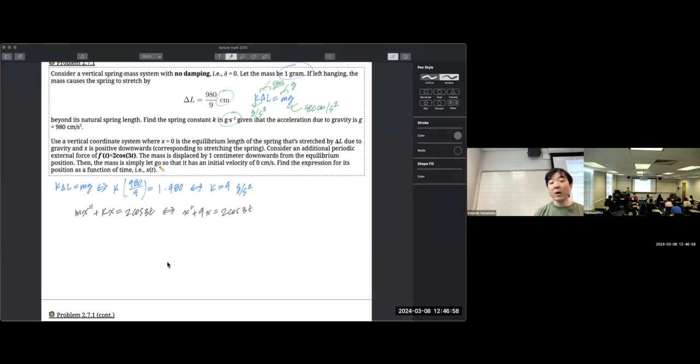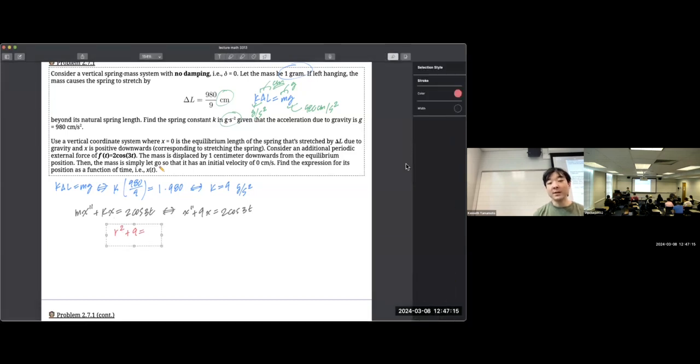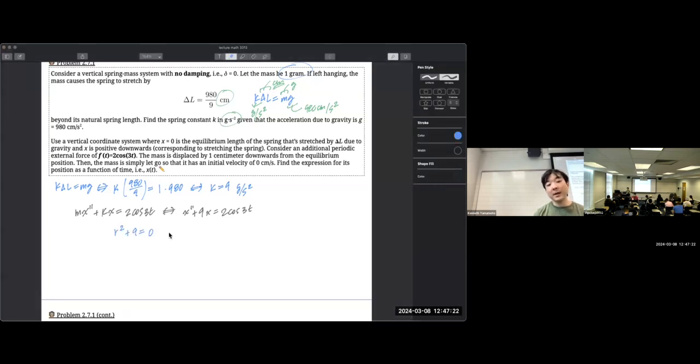And then you're going to solve this. You're going to do the homogeneous solution using the characteristic equation. It's going to be r squared plus 9 is equal to 0. That's the characteristic equation, and you'll notice that this will be complex.